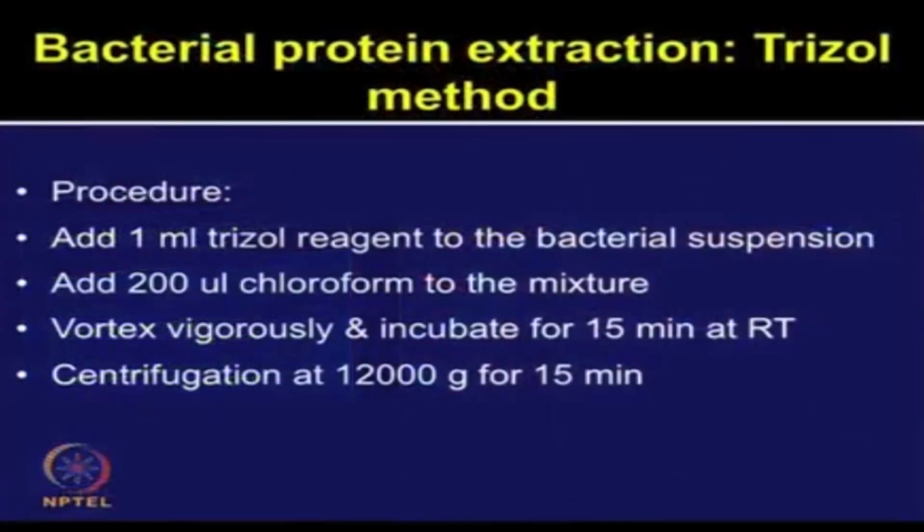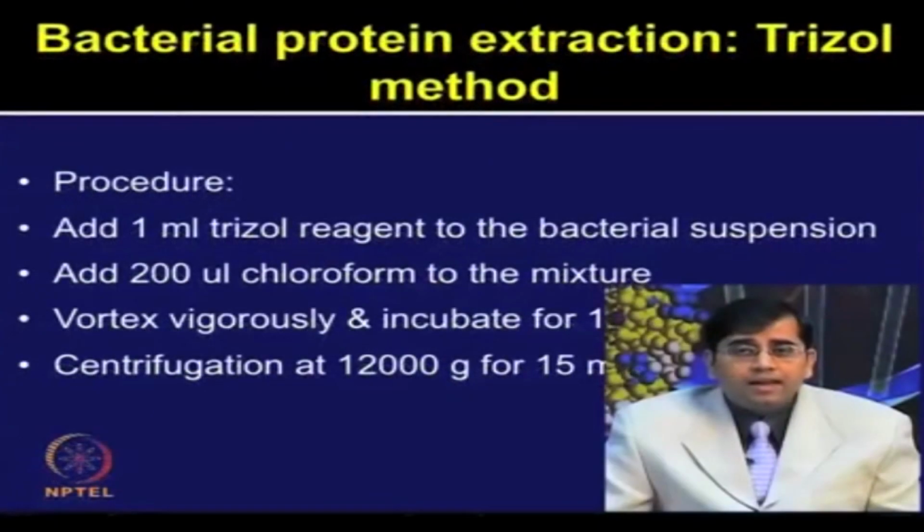depending upon how much protein extract they want and based on their sample. So, you can start with 1 ml of Trizol reagent and add that to the bacterial suspension, then immediately add 200 microliters of chloroform to the same mixture. Vortex this mixture vigorously for 15 to 30 seconds and incubate it at room temperature for 15 minutes.